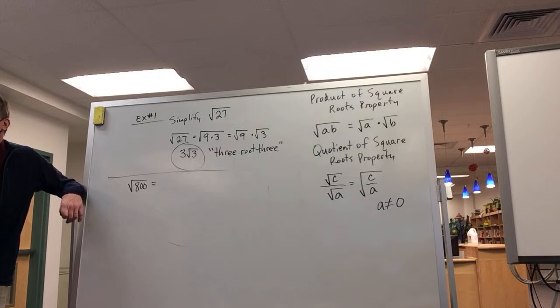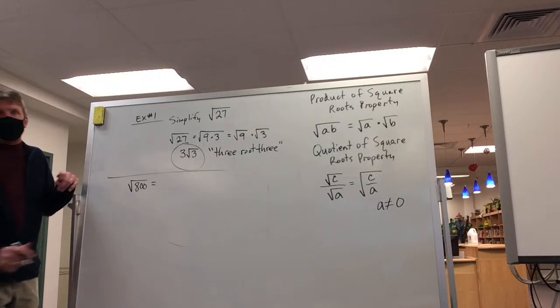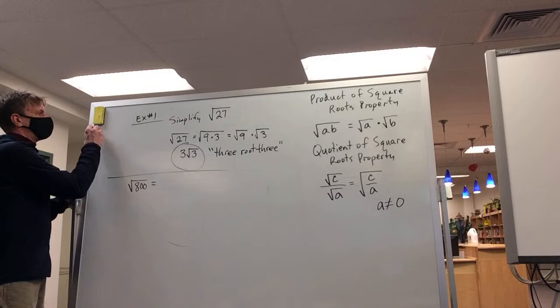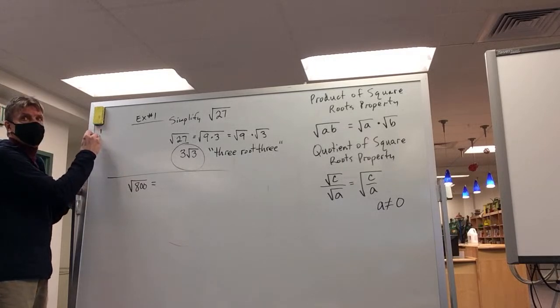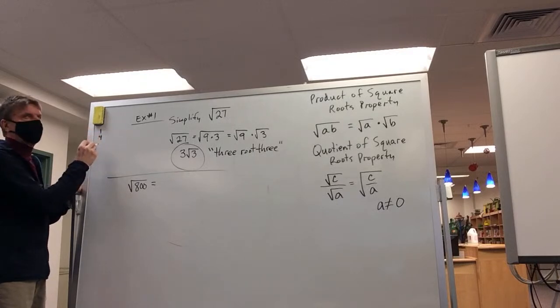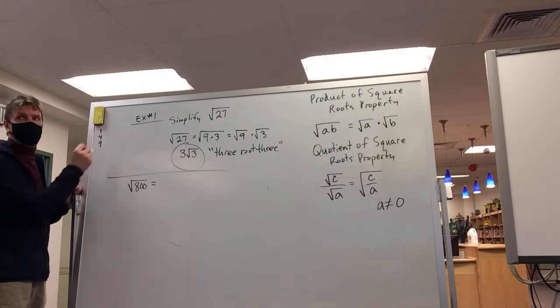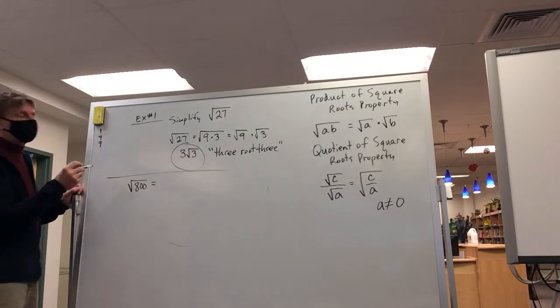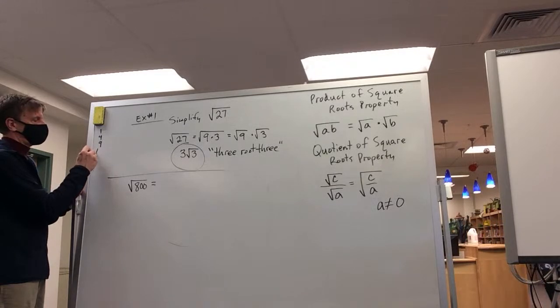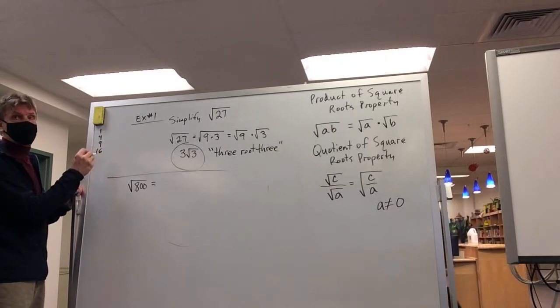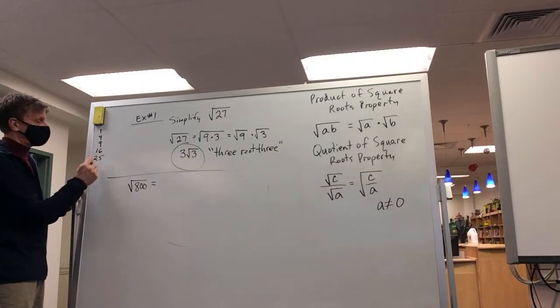Do you guys remember the perfect squares? 1 times 1, 2 times 2 is 4, 3 times 3 is 9, 4 times 4 is 16, 5 times 5 is 25. 6 times 6 is 36.